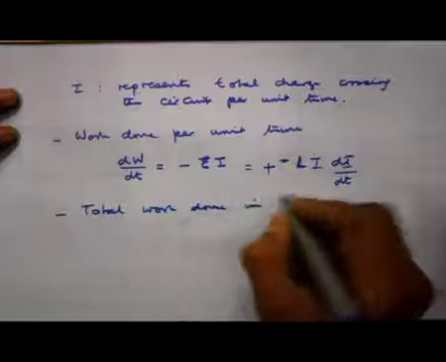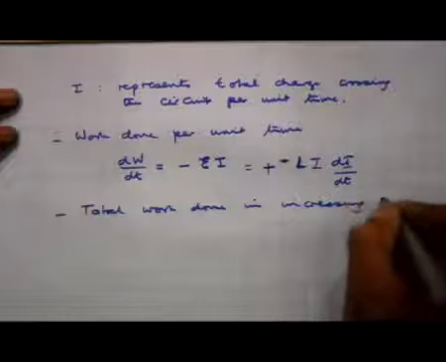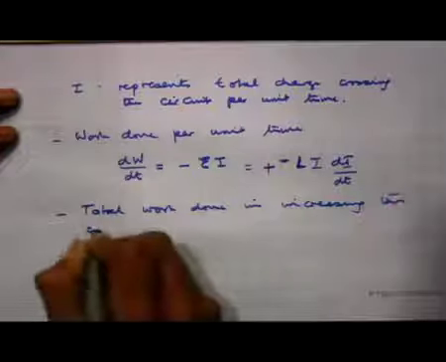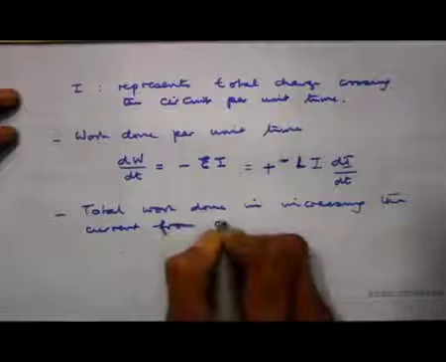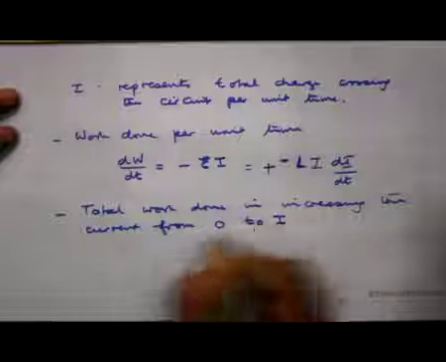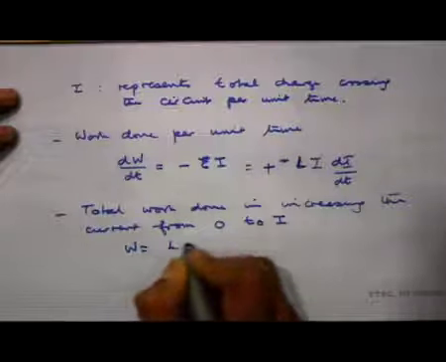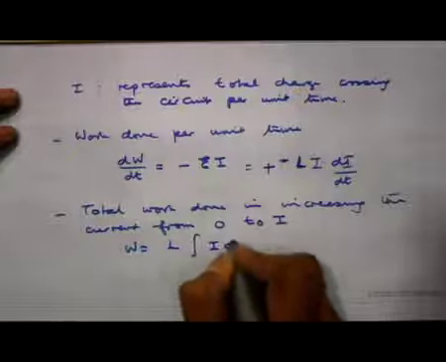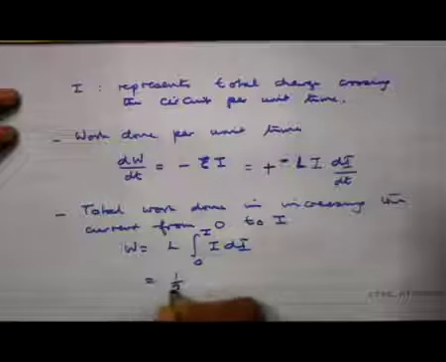So, I can calculate the total work done in increasing the current from 0 to I. W is equal to L integral I dI from 0 to I, which is equal to half L I square.